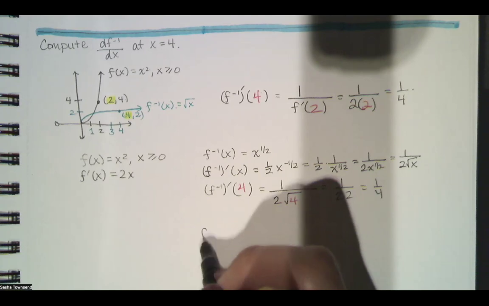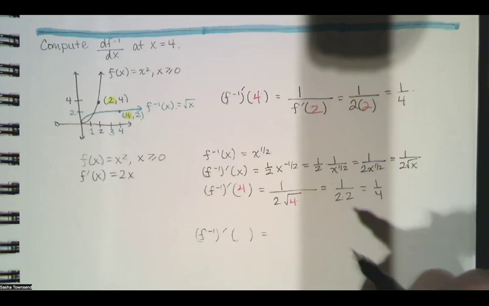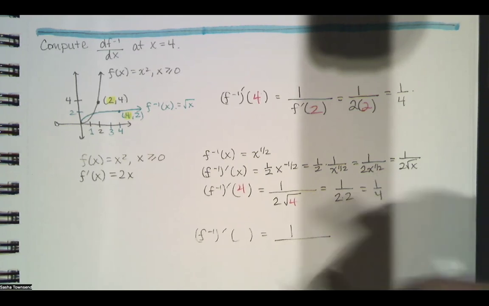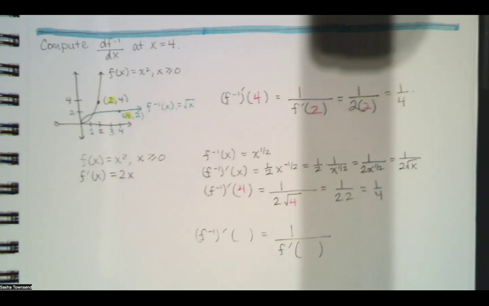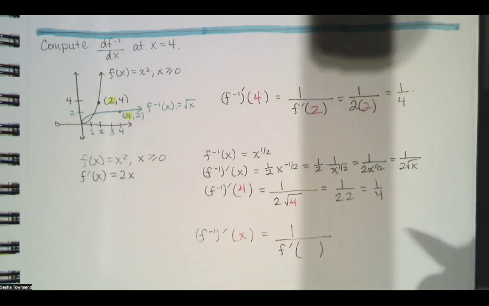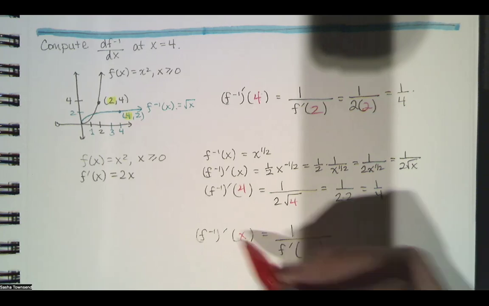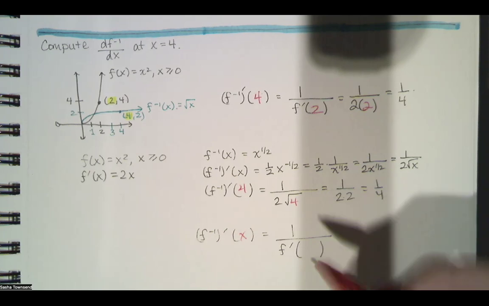I'd say, well, the derivative of f inverse at some x value in the domain is 1 divided by f prime at f inverse of x. I said in the range, I meant in the domain. This is the domain of f inverse.